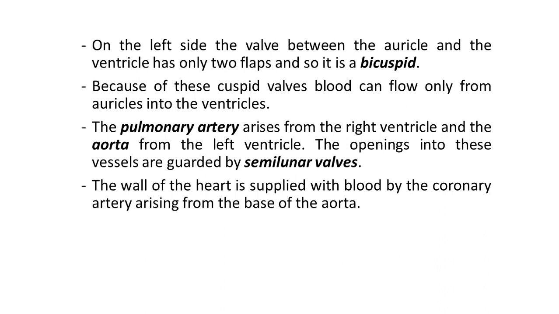Then the pulmonary artery arises from the right ventricle and the aorta from the left ventricle. The openings into these vessels are guarded by semilunar valves. The wall of the heart is supplied with blood by the coronary artery arising from the base of the aorta.